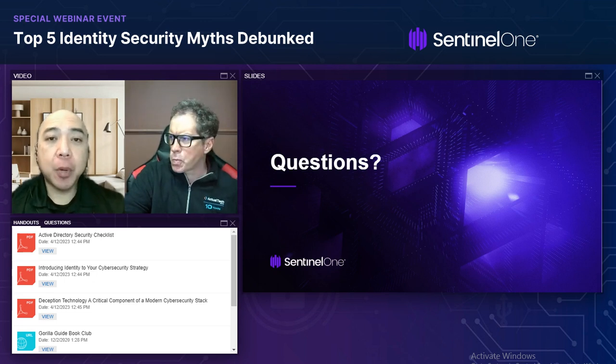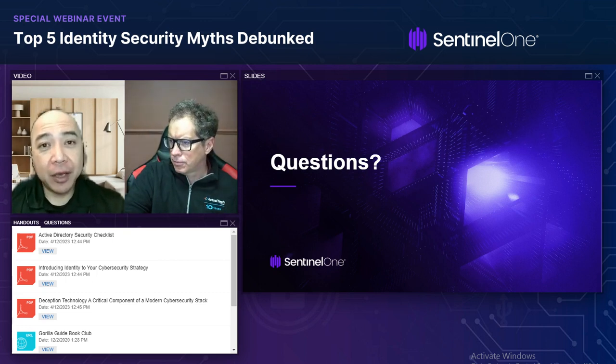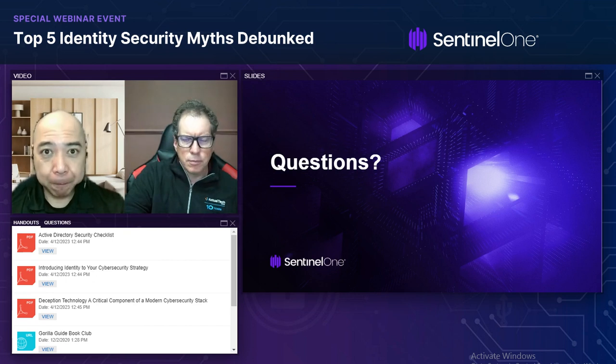So MFA is probably the single greatest thing you can do to stop an identity-based attack. The problem is, and this is according to the Identity Security Alliance, adoption of MFA is relatively low. And there are weaknesses to certain MFA technologies. Like if you get SIM swapped, someone can intercept your MFA token that's being sent to you via SMS and log in as you, right?